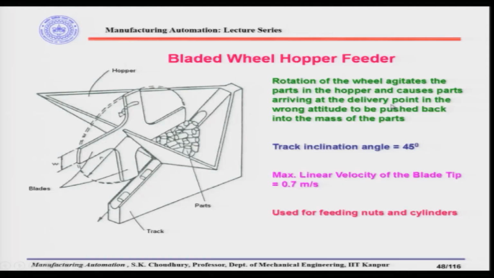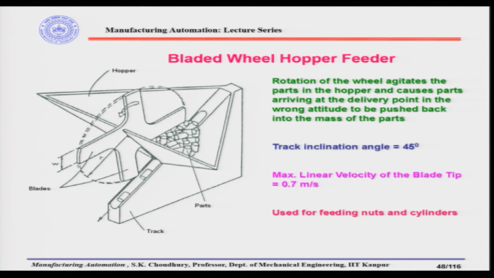Here if you read this, rotation of the wheel agitates the parts in the hopper and causes parts arriving at the delivery point in the wrong attitude to be pushed back into the mass of the parts. Because, as I said, the silhouette or the shape of the track is the same as the shape of the part.